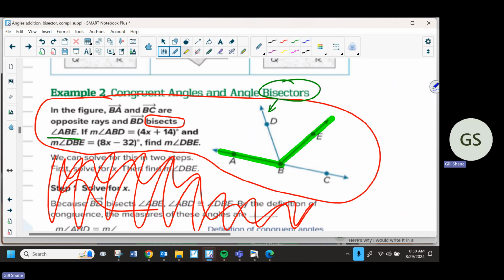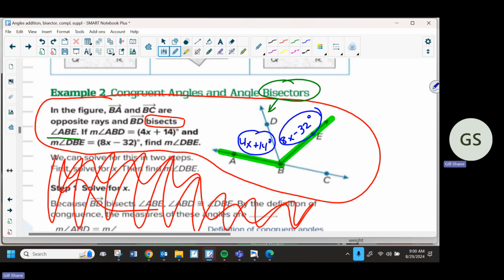ABD, it says, is 4x plus 14. What's the other one? DBE, it tells me, is 8x minus 32. You all just told me you know those are equal angles. So if that's one angle, and that's the other angle, and they're equal, that's your equation.